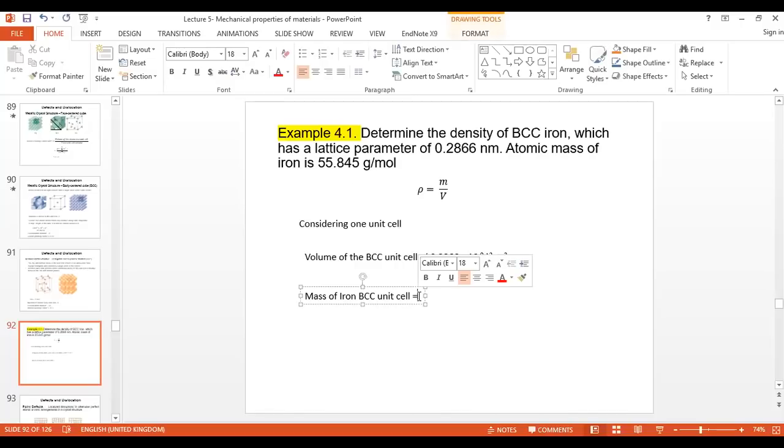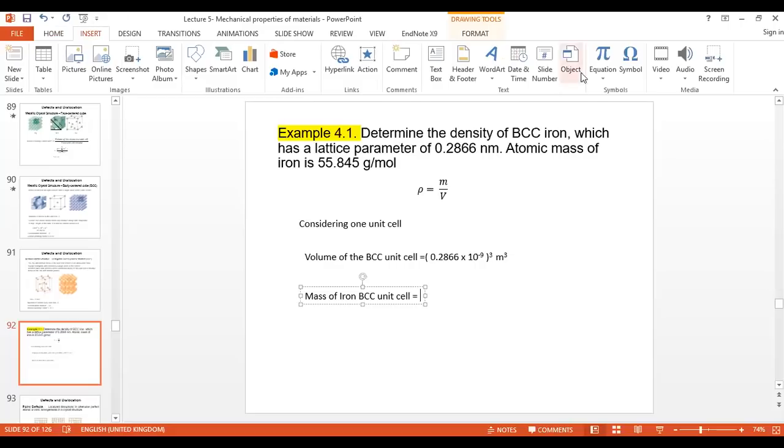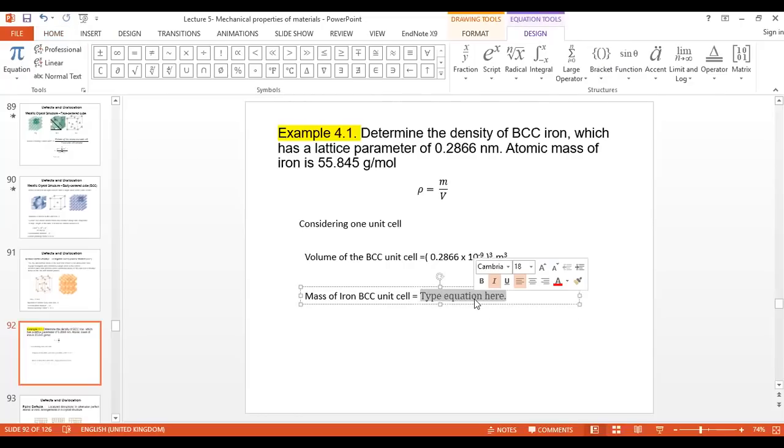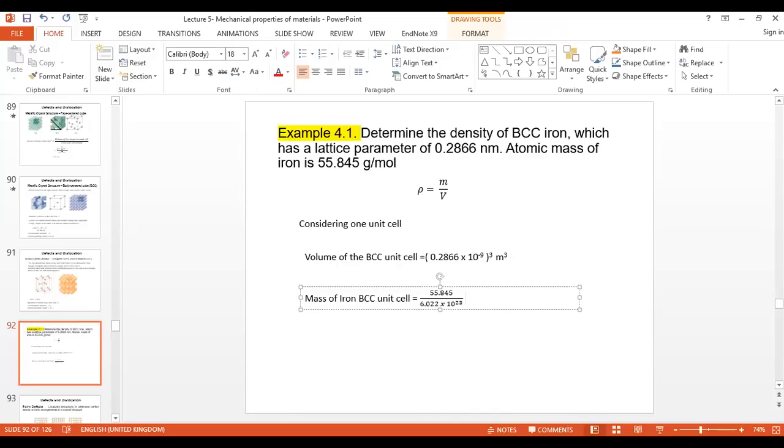So what you can do is divide this 55.845 by the Avogadro number. This is the weight of one atom, right?